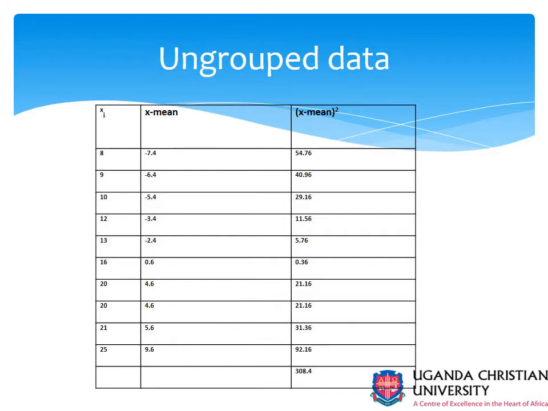That would give us what we call the mean deviation, the average deviation of each observation from the mean.